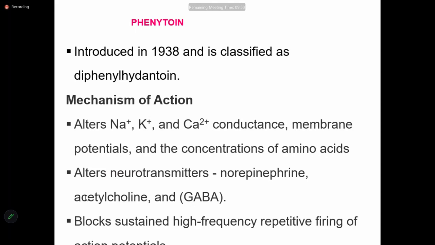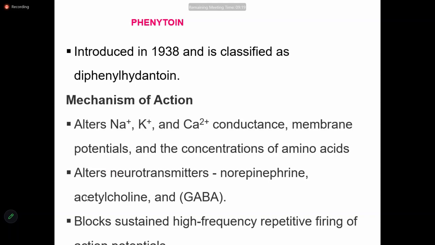The major action of phenytoin is at the cell membrane level, where it alters the cation conductances, mainly sodium, potassium, and calcium. They alter membrane potentials, and therefore influence amino acid concentrations. They stabilize the membrane, what we call membrane integrity and membrane potentials.